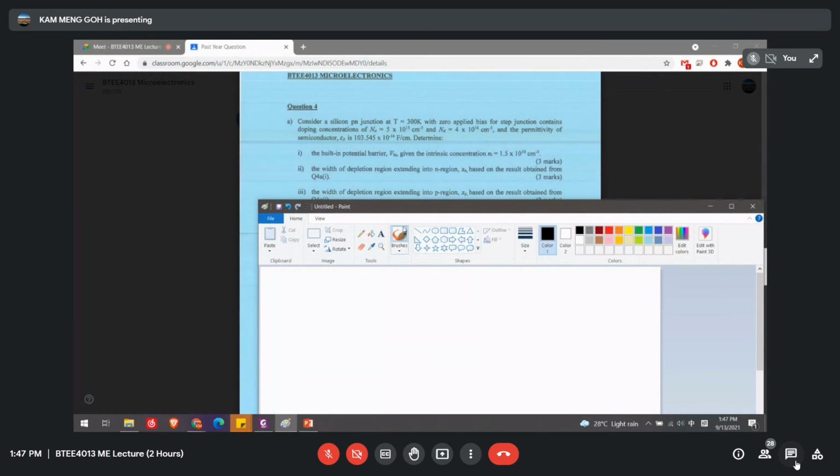This is a zero bias case. We get an NA equal to 5 times 10 to the power 15, and ND is 4 times 10 to the power of 16 cm minus 3. Then this one already gives you the dielectric constant, 103.545 times 10 to the power of negative 14.